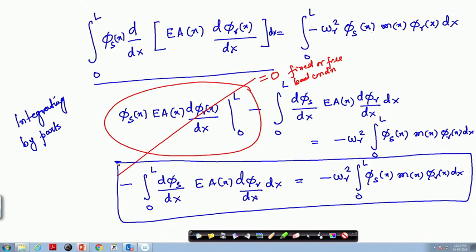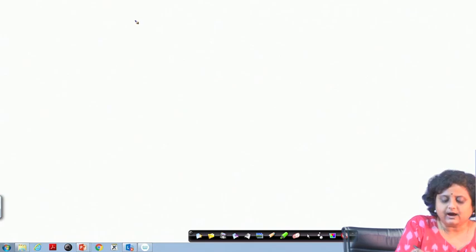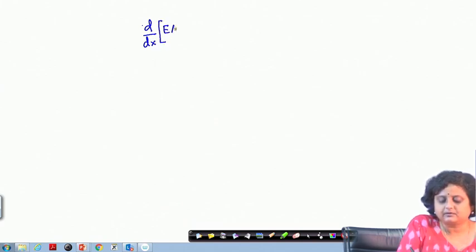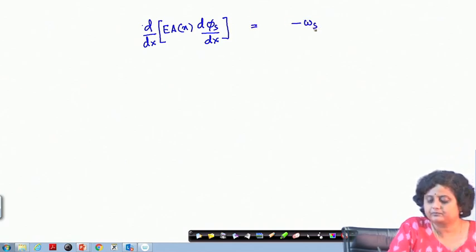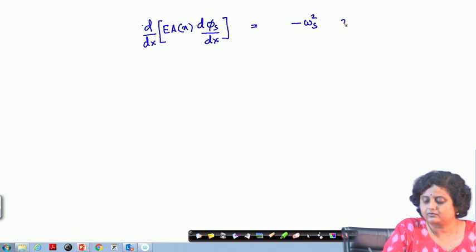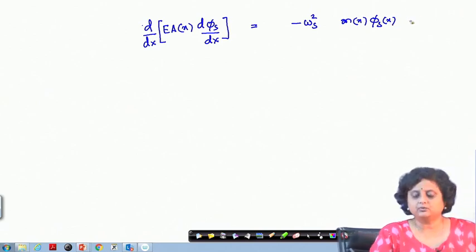So, now let us go to the next part, where we start with the rth normal mode. This is equation 2.